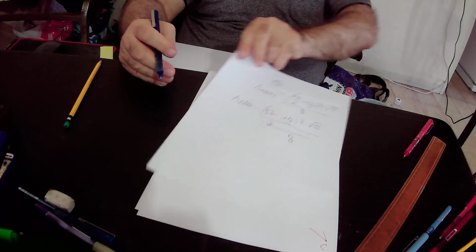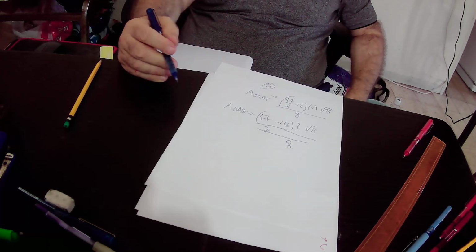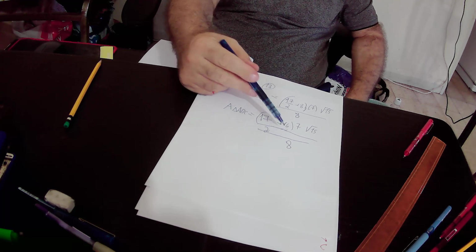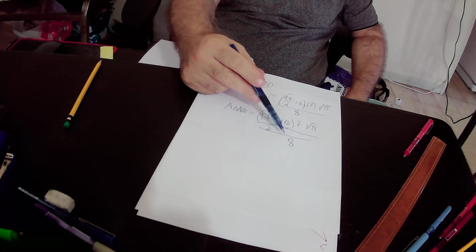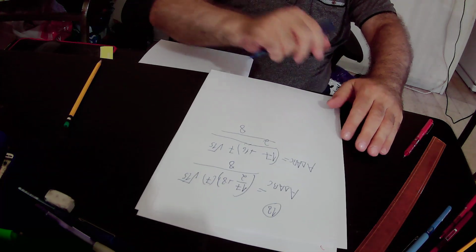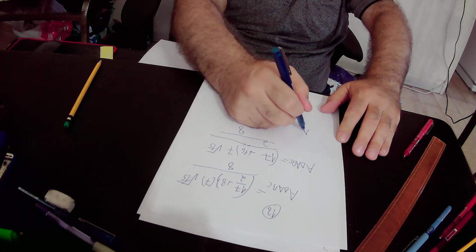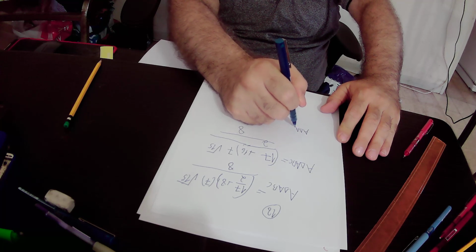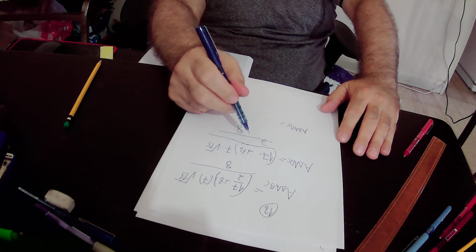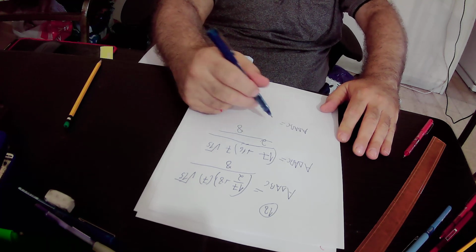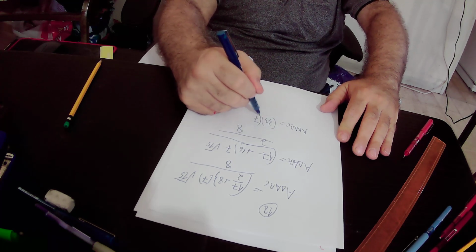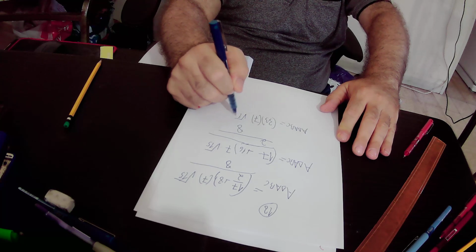Okay, here we can move 8 to the denominator, and we will get that 2 times 8 is 16. So the area of triangle ABC equals 17 plus 16 is 33, 33 times 7 times root 15.